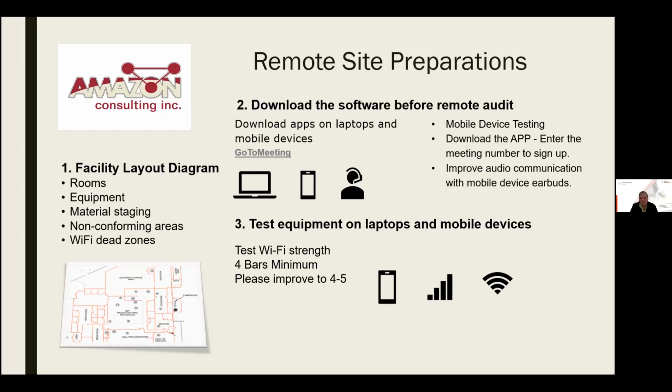And you want them to articulate where are the rooms, where is the equipment, the material staging, non-conforming products, and you want them to test all the corners of those areas to identify where the Wi-Fi dead zones are. And you can write how many bars you have or the strength level at these different areas and decide how you're going to mitigate that. Maybe they get a booster in those areas for the audit.